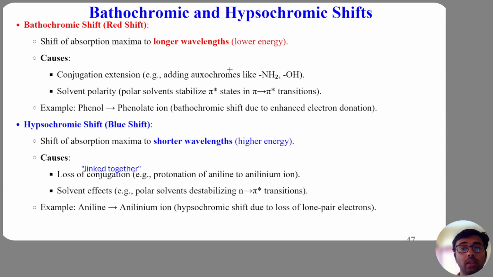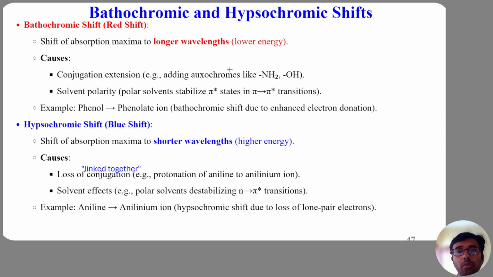Greater delocalization reduces the energy gap. Environmentally, polar solvents stabilize excited pi star states, again producing red shifts. A classical example is the conversion of phenol into phenolate ion. The added negative charge greatly enhances electron donation, causing a strong bathochromic shift.